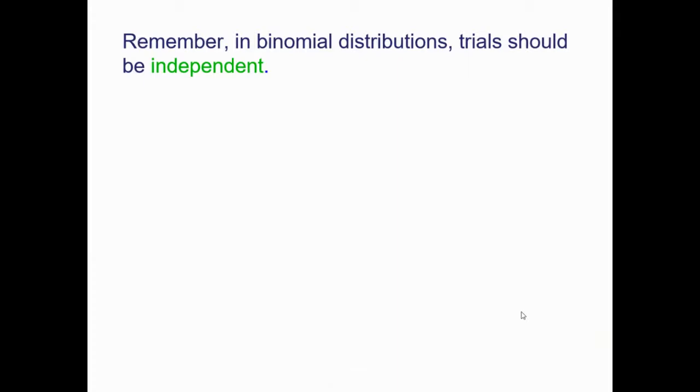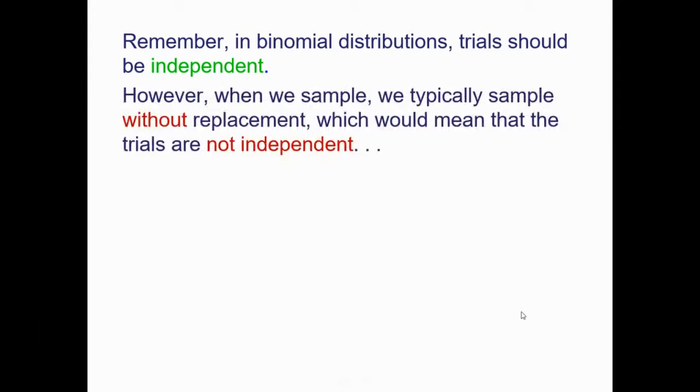Okay, so this isn't in your notes, so just kind of follow along here. Remember that in binomial distributions, trials need to be independent. However, when we sample, we typically sample without replacement, which means that they're not independent.